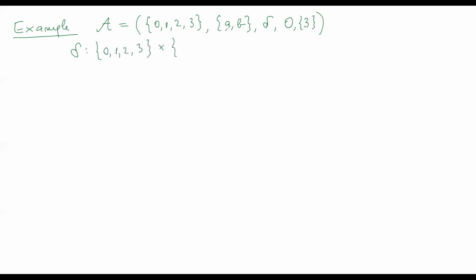Times sigma, which in our case is {A, B}, and it takes values in a set of states, so 0, 1, 2, 3. And I can define this delta by having a table, so that's our delta, and 0, 1, 2, 3 are all the states I can possibly have, and these are the input letters I can have.